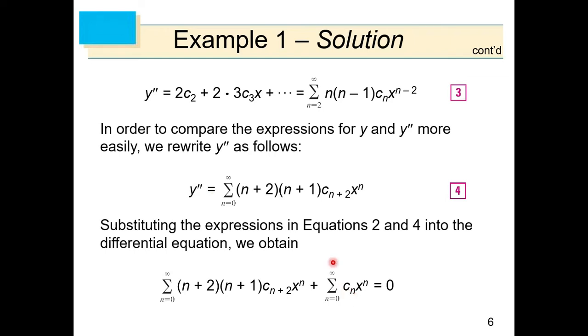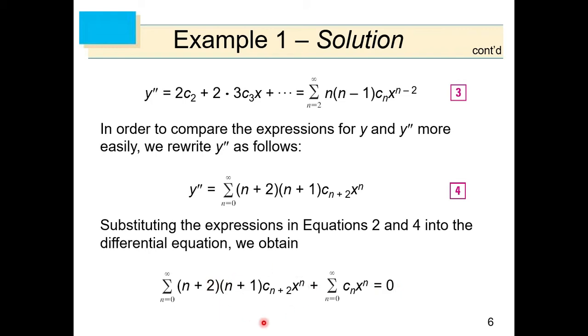this value, we get summation n is equal to 0 to infinity of n plus 2 into n plus 1 into cn plus 2 into x raised to n, plus summation n is equal to 0 to infinity of cn x raised to n is equal to 0.